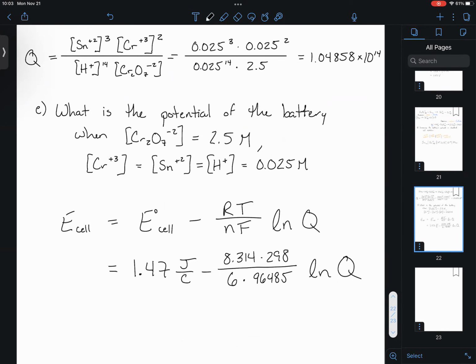All right, and so then that's just what we'll plug into our cell potential equation here to figure out what it is under non-standard conditions.